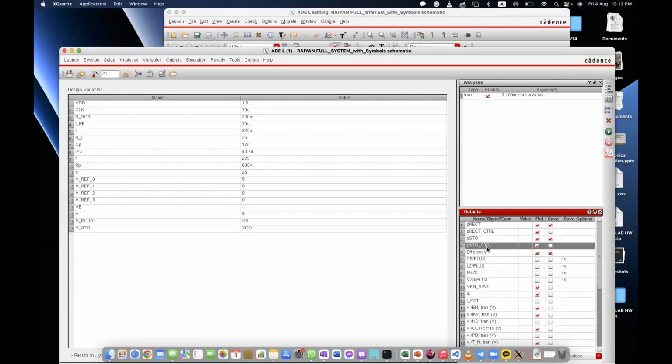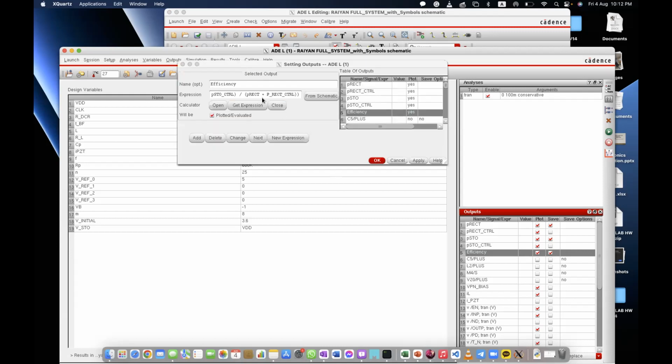No, actually, we don't care about P store control, but we care about the output power. Output power means the only power remaining to be harvested, right? I see, the rest will be the power lost. But this power is being spent, right?